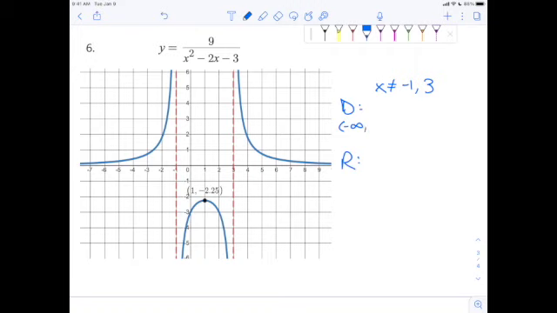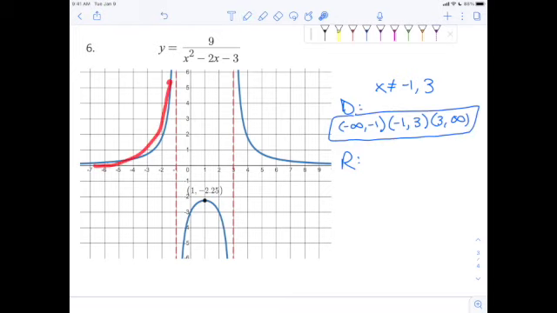From negative infinity to -1 exclusive, and then from -1 to 3 to describe that middle region. Everywhere between -1 and 3 it exists. And then from 3 to infinity. So you see 3 pieces to the graph, 3 regions to the graph, 3 intervals where the graph exists.